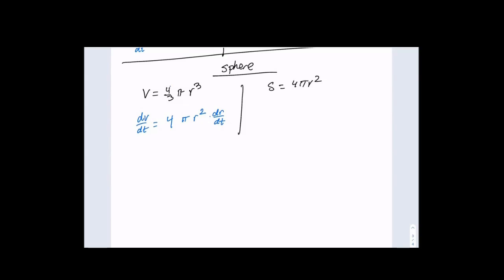Now, you can also notice in this that 4 pi r squared is S, so you could say technically that dV/dt is equal to S times dr/dt. I've seen a question that asks you about volume and surface area relationships, so that's also something else there.